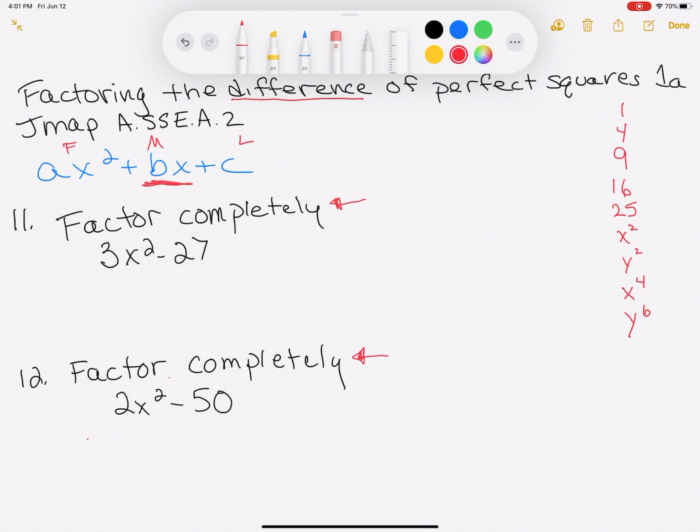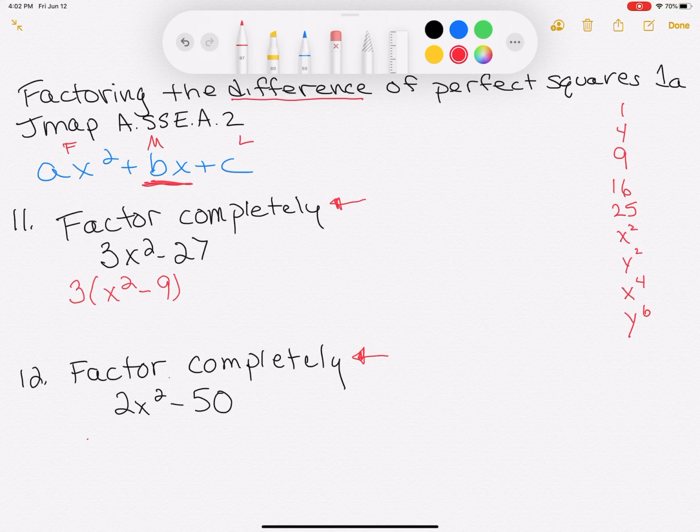But because I see the words factor completely, I know that I have to use two different methods. So there is a GCF here, which between the 3 and 27 is a 3. And when I factor that out of a 3x squared, I have x squared left. The sign doesn't change, and a 3 comes out of 27 9 times.